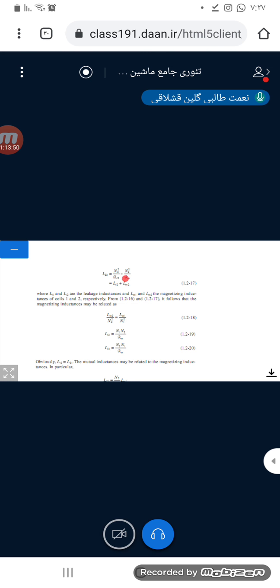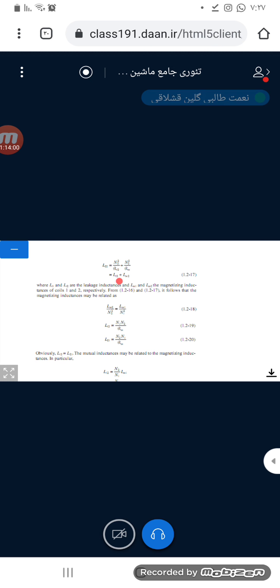Before proceeding with this circuit, we talked about the concept of inductance, about the concept of the fluxes, and how we can put inductances instead of fluxes in the electrical circuit.